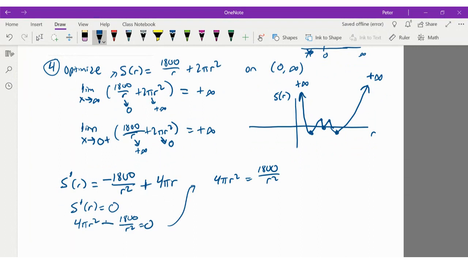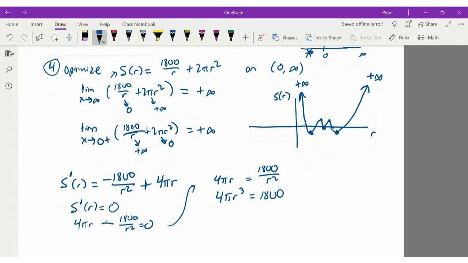Sorry, that's 4 pi r, not an r squared. I just looked at the chat, and yes, somebody pointed that out to me. So we have 4 pi r equals 1800 over r squared. We're going to multiply both sides by r squared, giving 4 pi r cubed equals 1800.